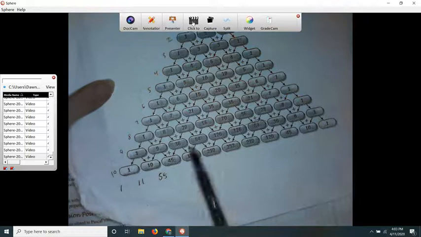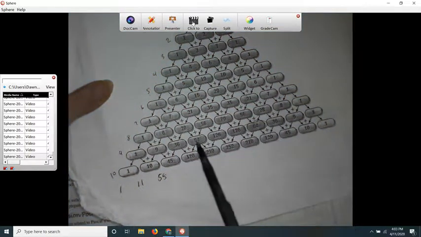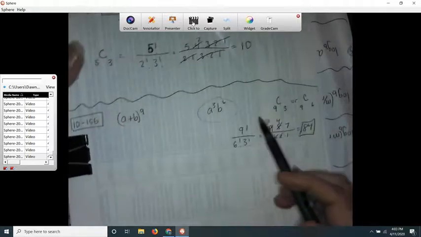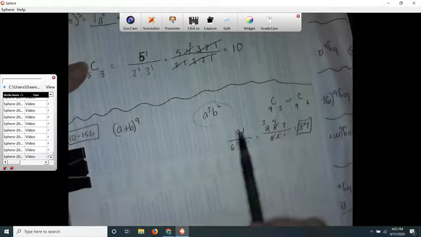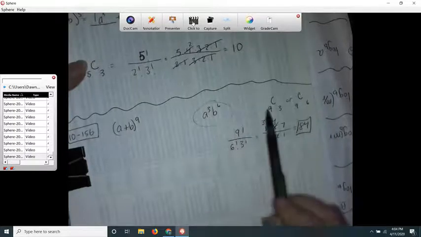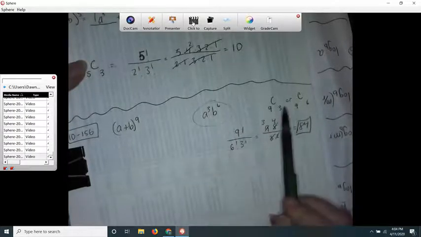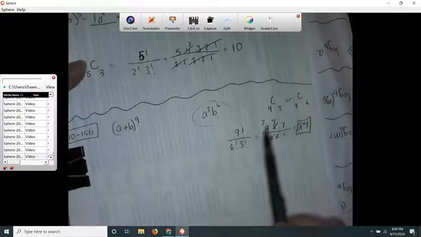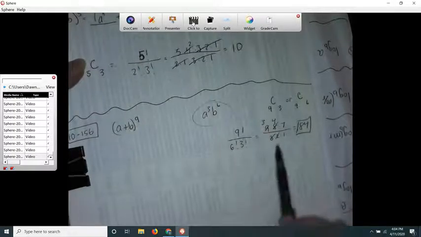It's still going to give me the 84. Well, let's hope it gives us the 84, right? So it's n factorial, and then this is n minus r, 9 minus 3 factorial, and then this is r factorial. And you should just do all that math and you get the 84.